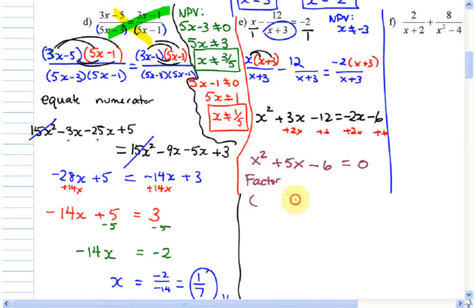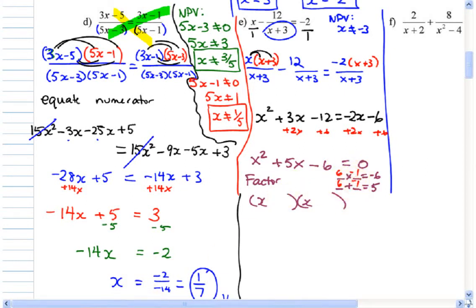Let's factor. So find two numbers, please, that multiply to negative 6 and add to 5. Two numbers that multiply to negative 6 and those same two numbers add to 5. 6 and 1. Which one's negative? Negative 1.